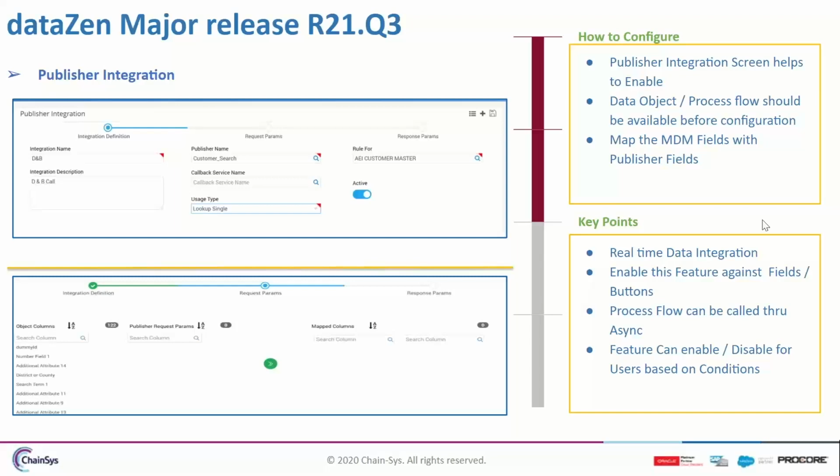Either synchronous, which is real time, or asynchronous, scheduled way, we can do that. That is also possible. And this is more important: we can enable or disable this feature based on user or conditions. Say for instance, if I put United States, at that time DNB should be called. If I put something else, Europe API should be called.